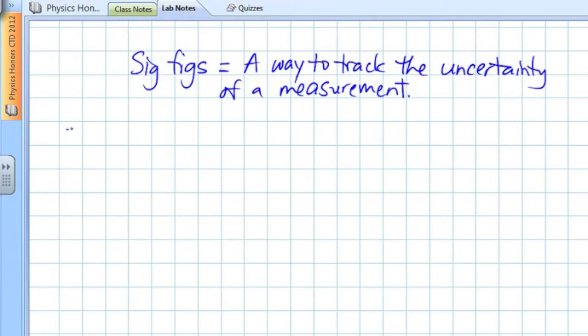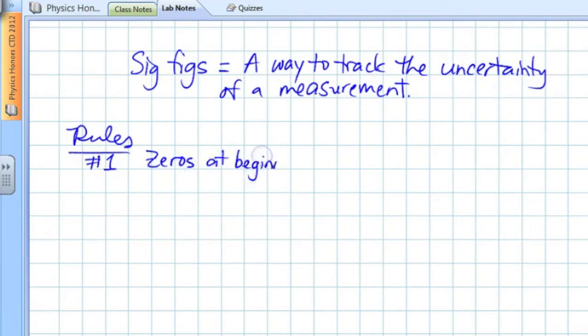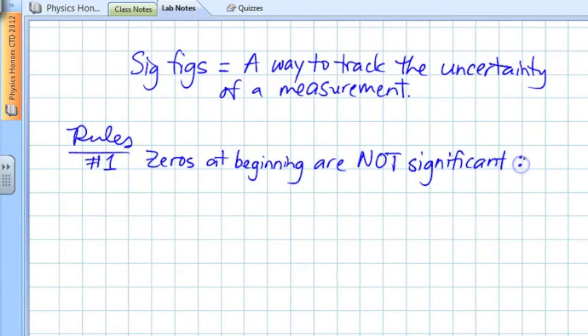The first rule is that zeros at the beginning of a number are not significant. So for each of these rules, I'll give you an example.